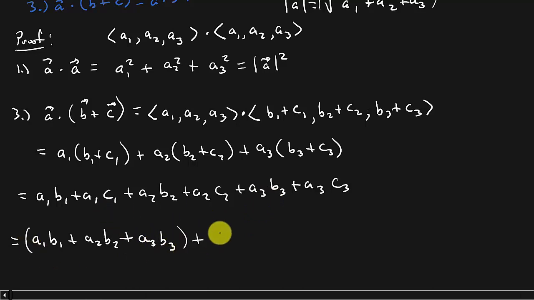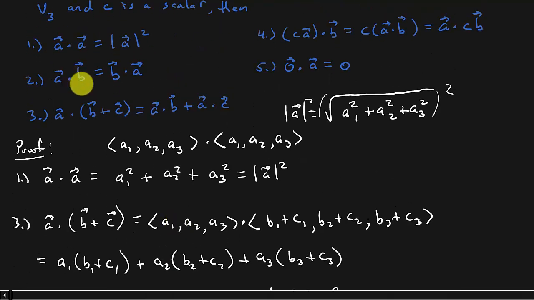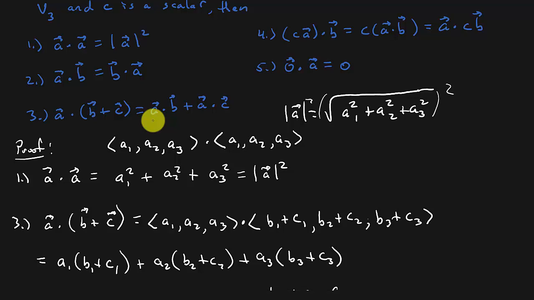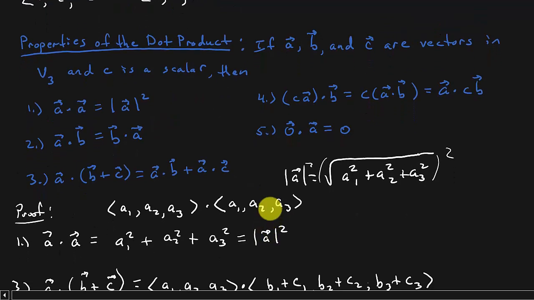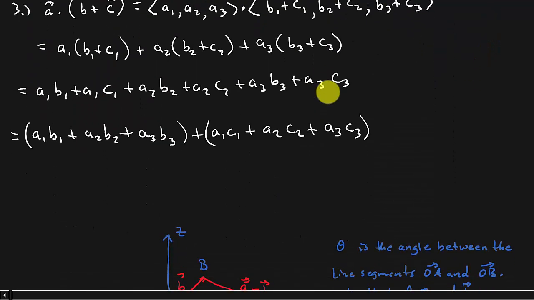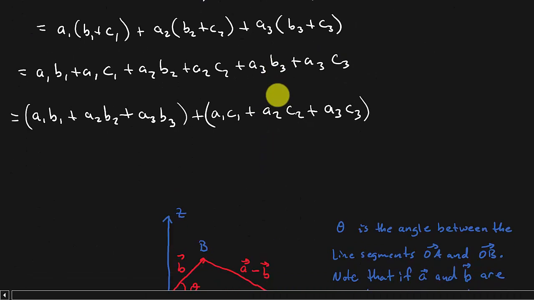And then plus, let's do A1 C1 plus A2 C2 plus A3 C3. Okay, because it doesn't matter what order we add them in, right? That was in the last lesson, where addition is commutative.